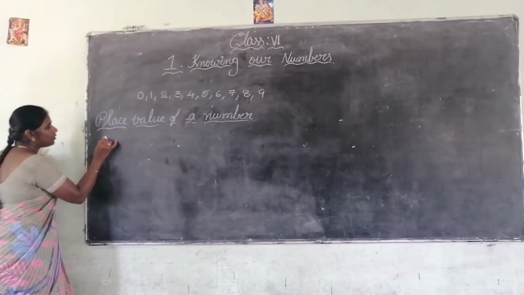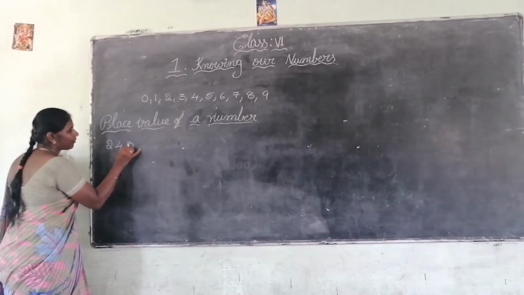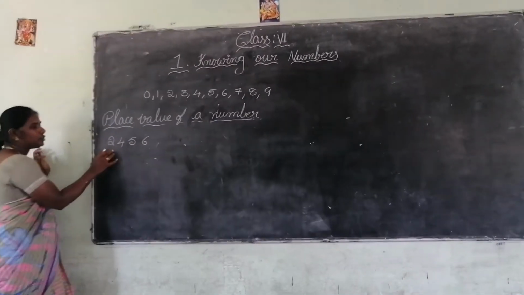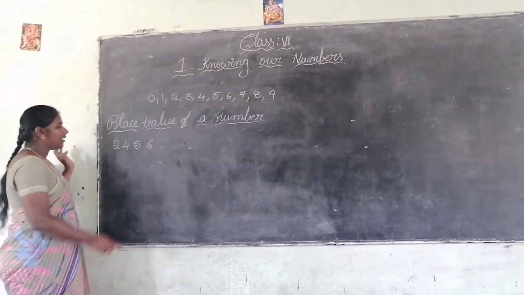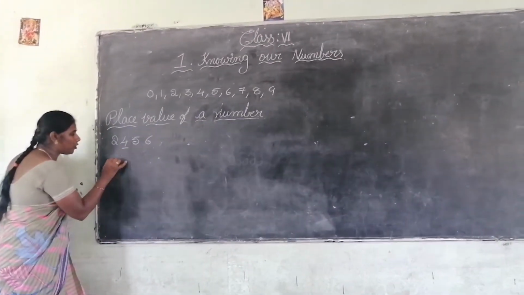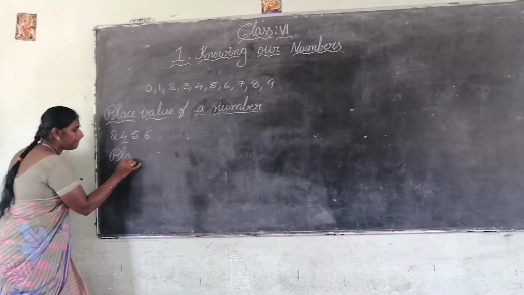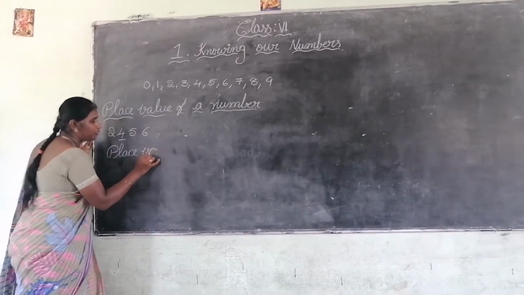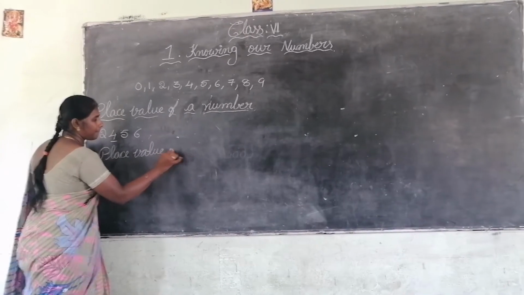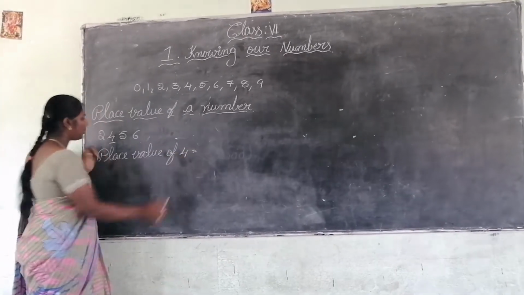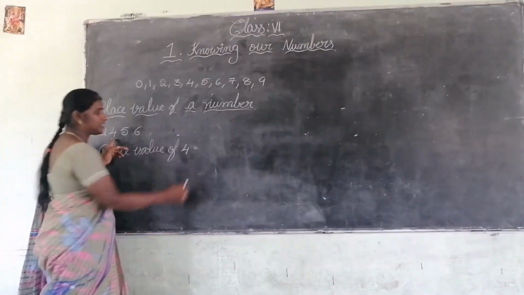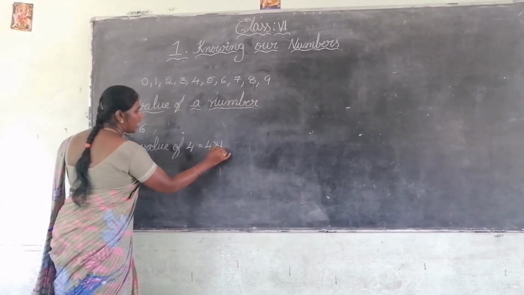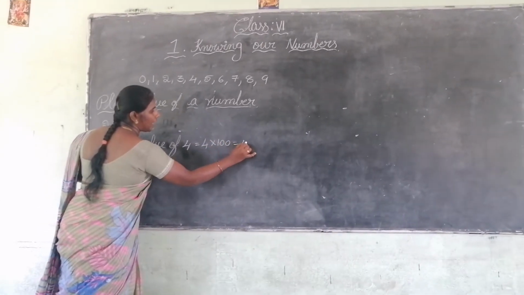For example, 2456. Now here, what is the place value of 4? Here 4 is in the hundreds place. 4 into 100, 400.